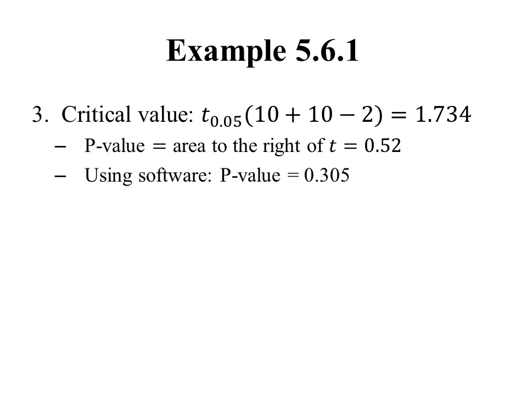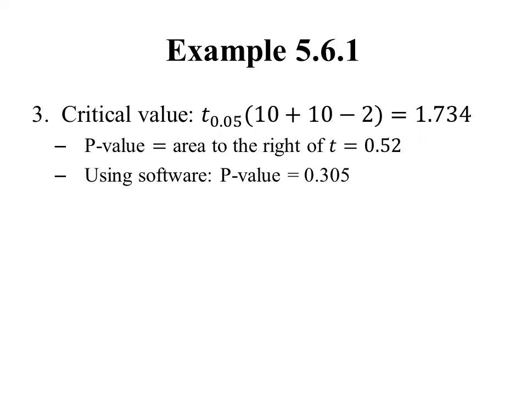Okay. Third step is to calculate our p-value, or equivalently find the critical value and the critical region. So our critical value is a t-score with n1 plus n2 minus 2, which is 18 in this case, degrees of freedom. And if we look that up from our table, we get 1.734.